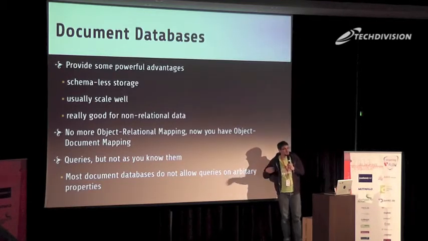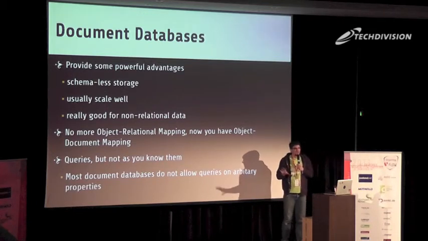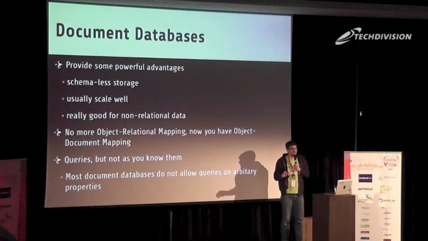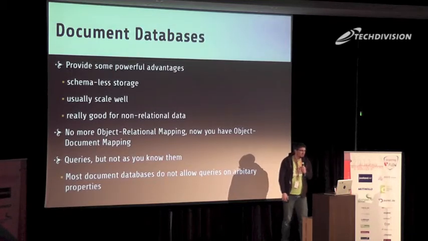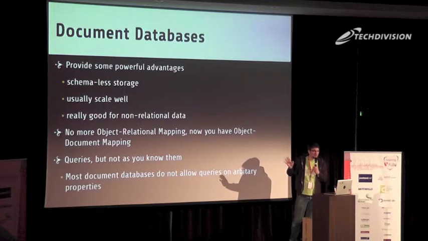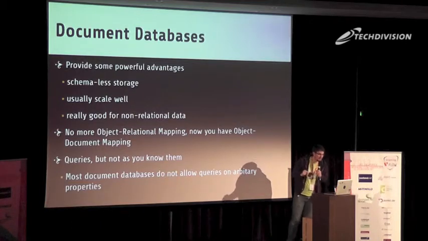So those document databases usually scale well, often because they step back on some aspects of ACID compliancy to make it faster. And they're really good for non-relational data, because usually you don't have foreign keys in document databases, so that's a bit, if you're a security freak, maybe, it depends on your sense of security.